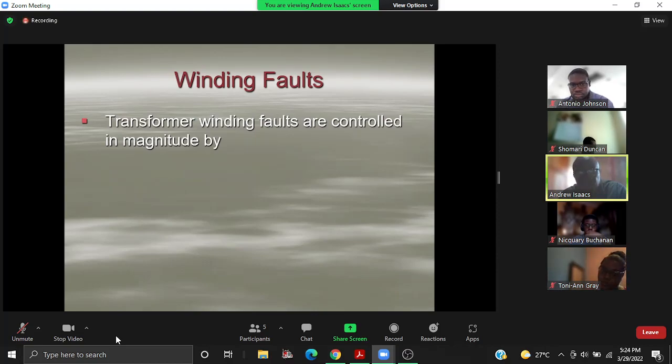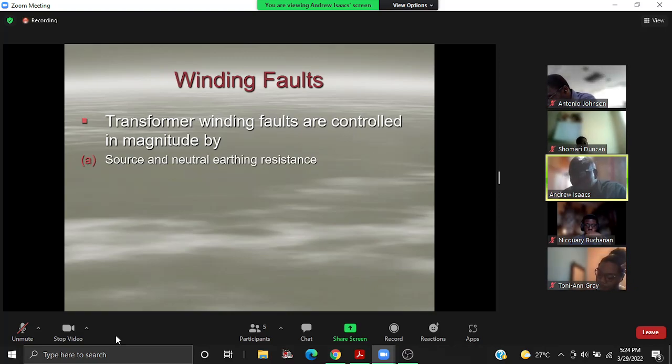So your winding faults are going to be dependent on the earthing resistance. And you have already proven this with your lab one, where when you change the neutral earthing resistance on the transformer, you also change the fault currents. As you increase the neutral earthing, you are going to reduce the magnitude of the fault current.